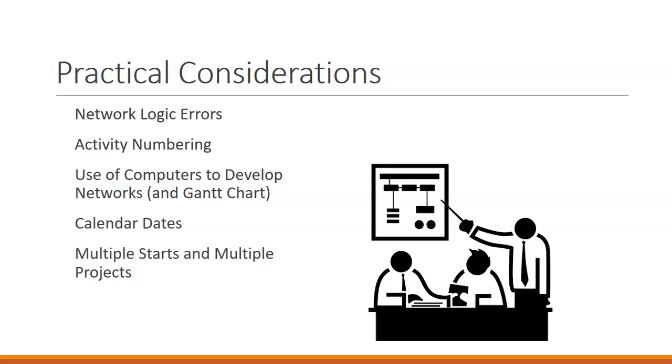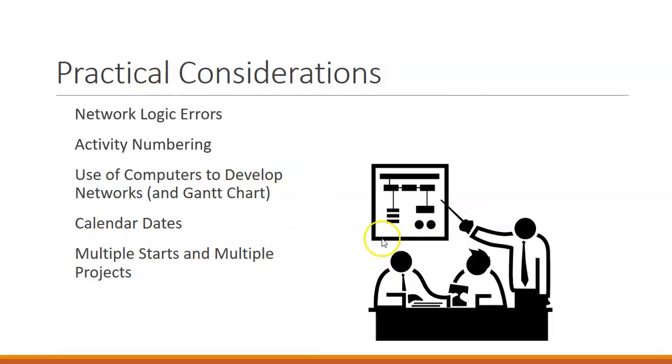Other practical considerations we have when we're making this network is that we would have logic errors in the design of the network. Maybe we numbered the activities incorrectly and they ended up in the wrong order. We would use a numbering system that works within our own system when we're numbering those activities.